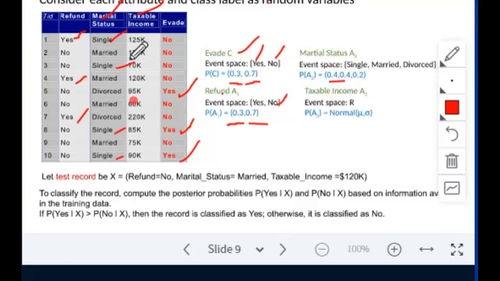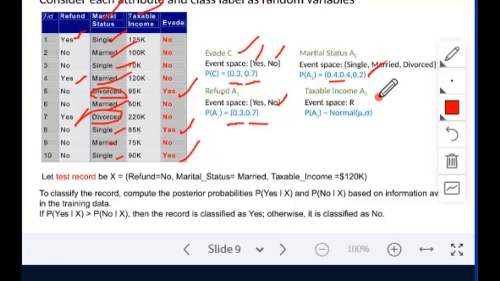Then married: 1, 2, 3, 4, so 4 by 10, 0.4. So 4 plus 4, 8 is over. The remaining 2 is divorced. We can see divorced 2 times only, so 2 by 10, that is 0.2. You can see here the probability of A on each value.